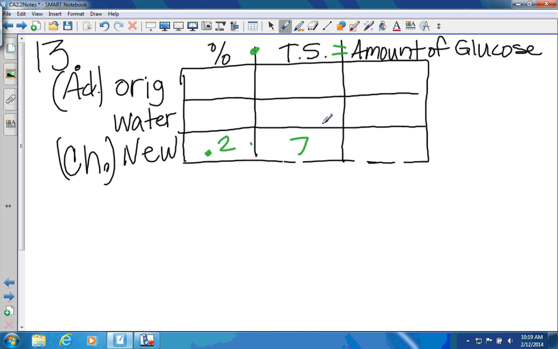Well, you just multiply those two together to get 1.4. The original solution, which is an adult solution, is a 30% solution. And we also have water. And what percent of water is glucose? Okay, so that's going to be 0.